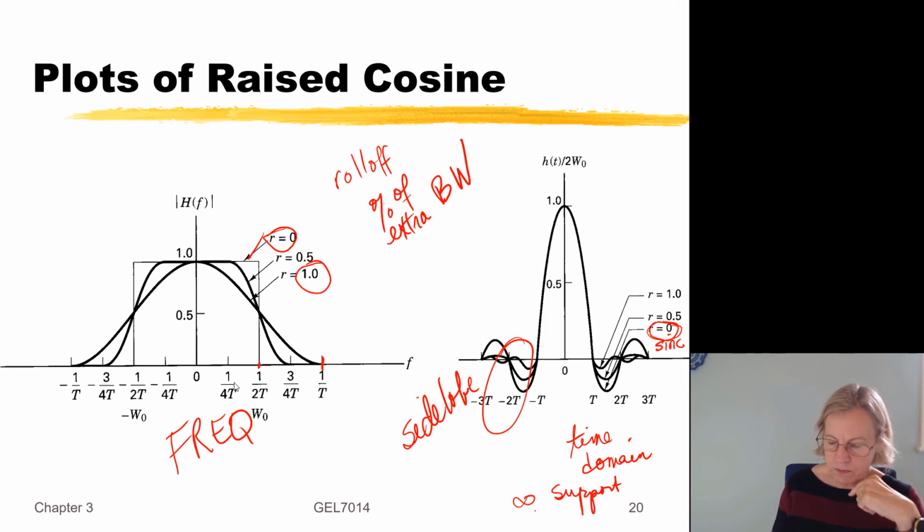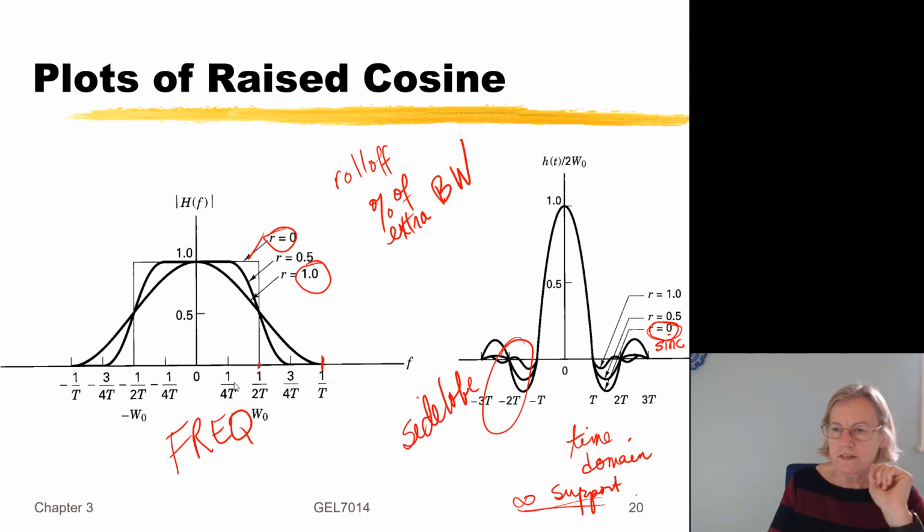I say it has infinite support, but some of them go to 0 very much faster than the others, which is like the size of the side lobe. And for the sinc function, in order to have very compact frequency, I have fairly large side lobes. But as I increase the roll-off, my side lobes get smaller and smaller.